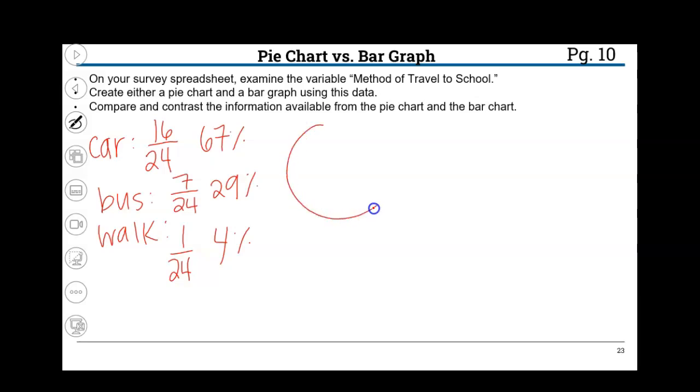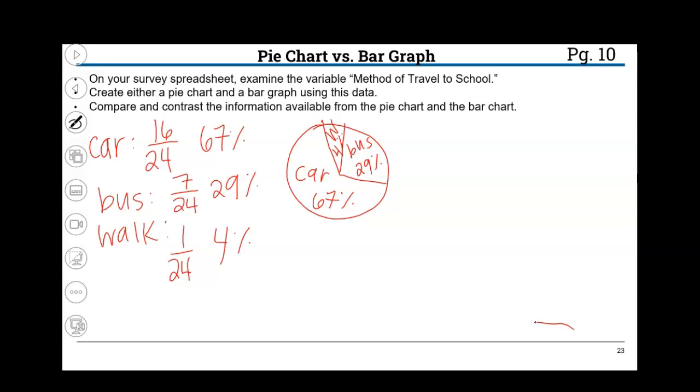Okay, so if you drew your pie chart, we have to make sure our sections match these percentages. So 67 is about here, and we'll just estimate there, okay? So then you label your sections. Car was 67%. Bus was 29%. Okay, and then my walker was 4%. I'm just gonna put a W. 4%. Okay?